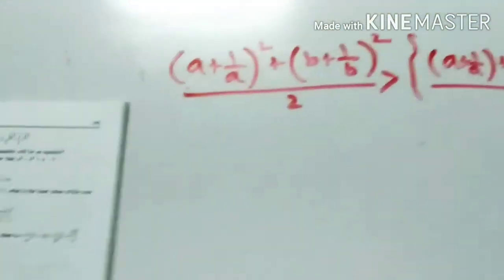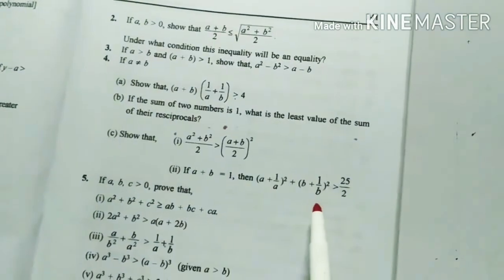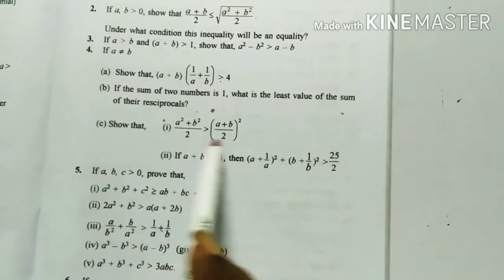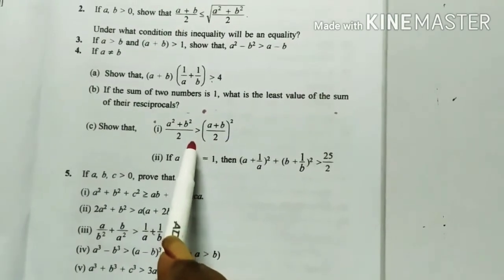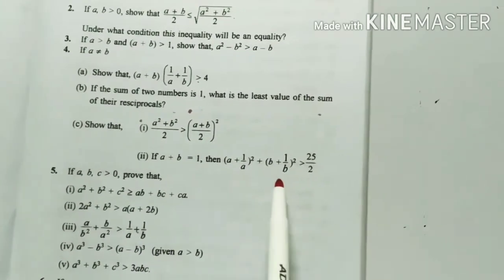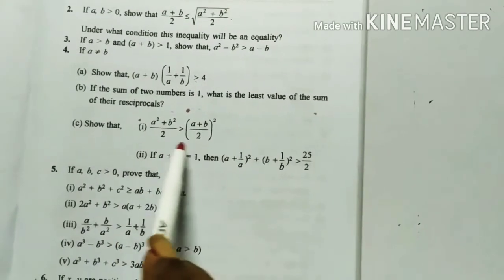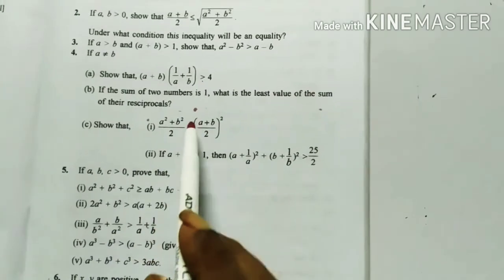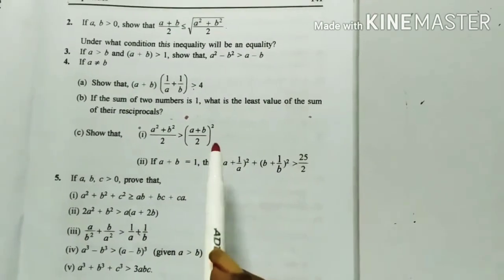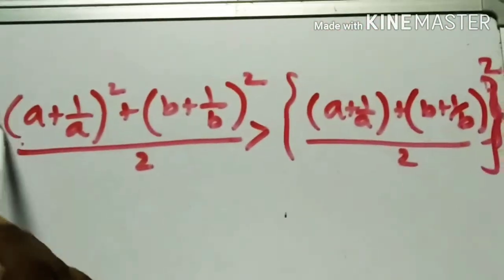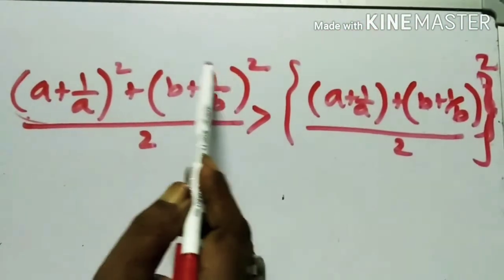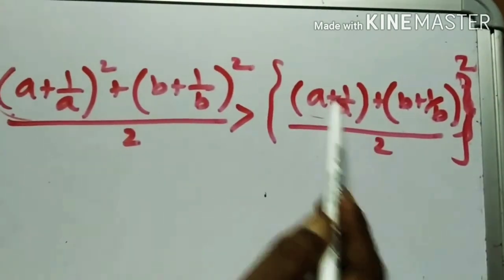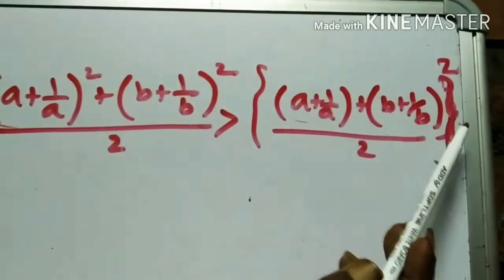See, again I am telling you, in order to prove this, we will take the help of the above statement. That means this above statement will work as a formula for this. That is, (a² + b²)/2 is greater than ((a + b)/2)². Therefore, I am considering this as a², and this as b².